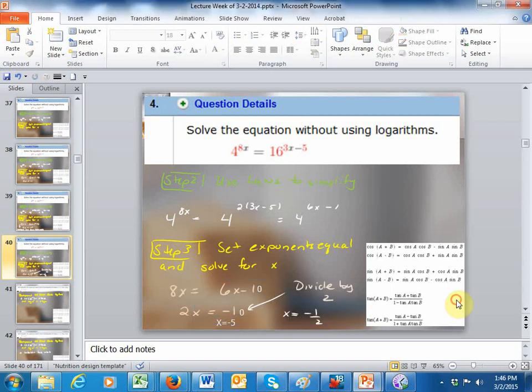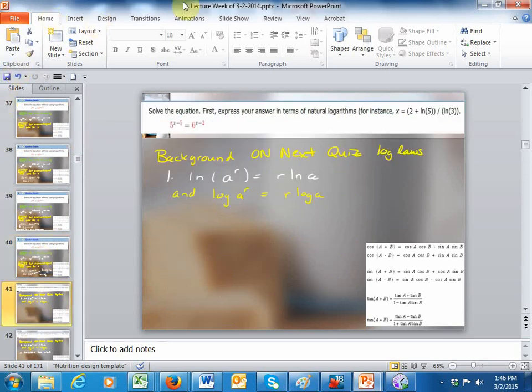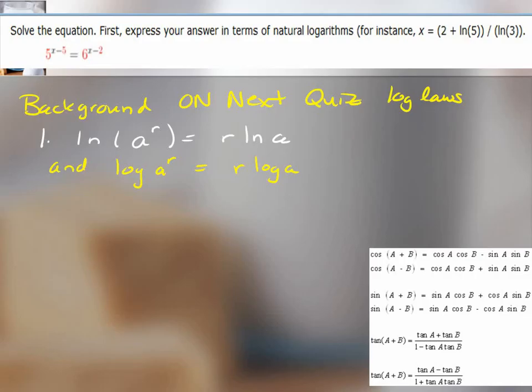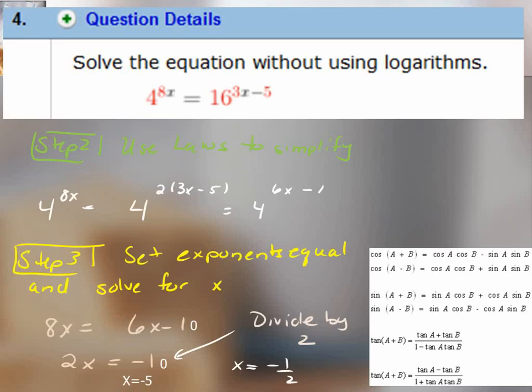I don't think I'm able to cancel that other thing out, but you can see x equals negative 5. You'll hear me on the video. Okay, question? Can we wait till after class? Okay, so the answer to that one is x equals negative 5.